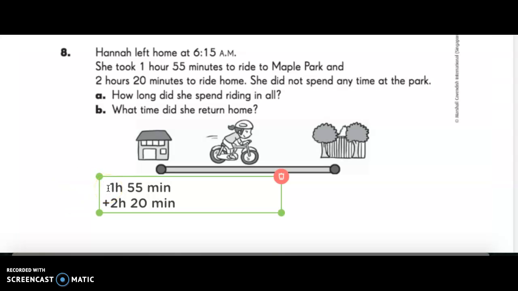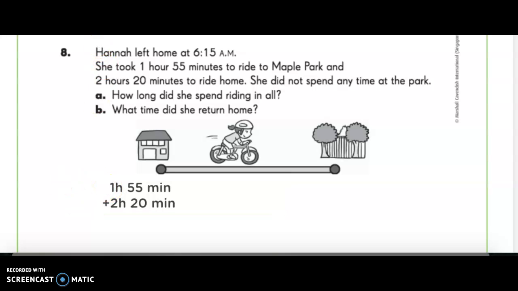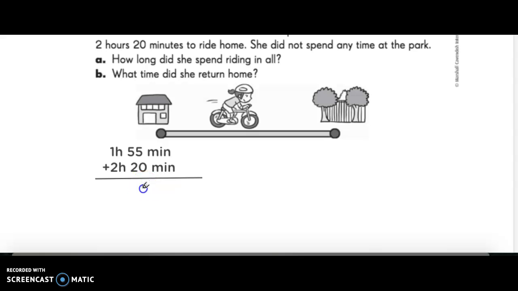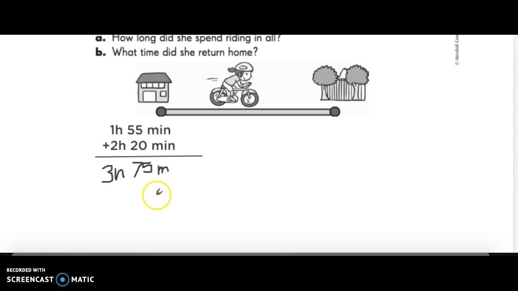Alright, so we're going to add these times here. So we'll do our 55 plus 20, so 5 plus 0 gives us 5, and 5 plus 2 gives us 7, and then 2 plus 1 gives us 3 hours. Now right away, you should be thinking about the fact that we have 75 minutes.